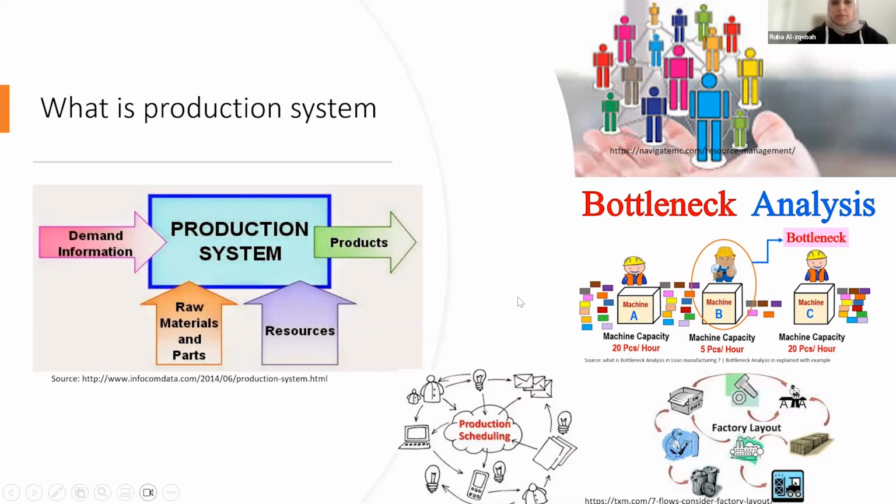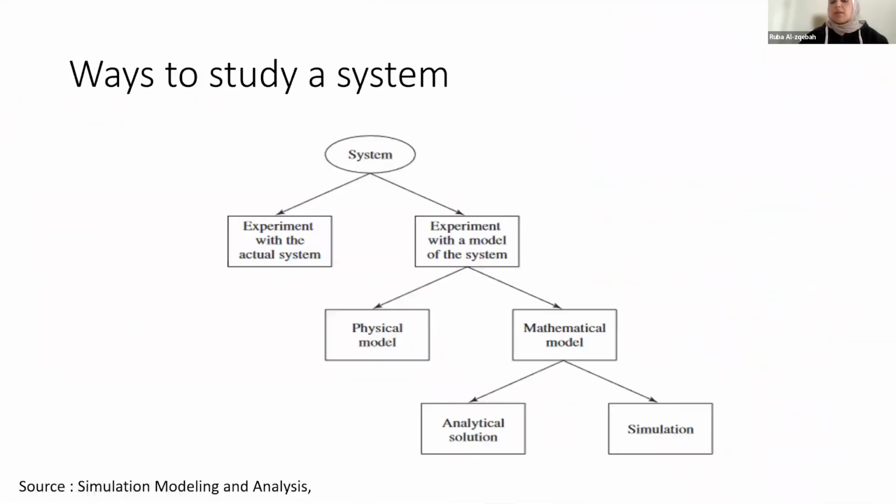Before we start with our approach, I would like to explain the ways to study any production system. For example, some manufacturing companies run the experiment with the actual system.